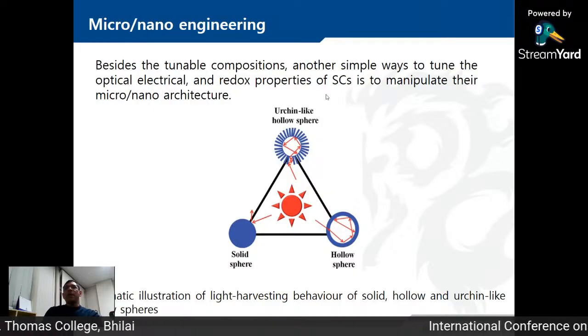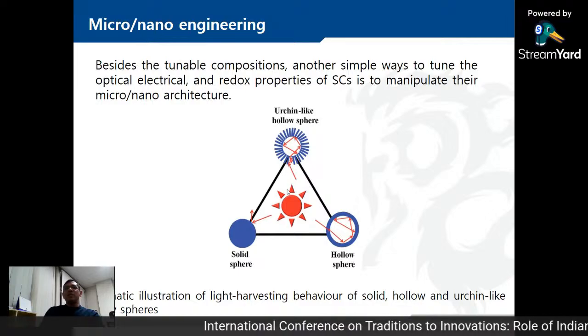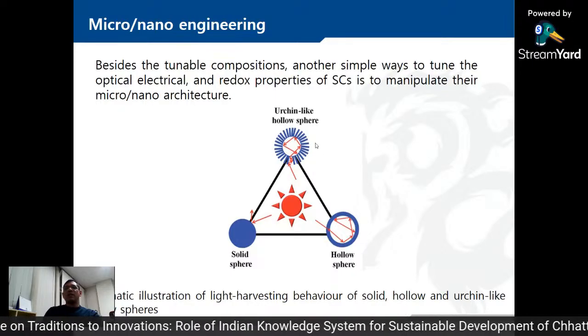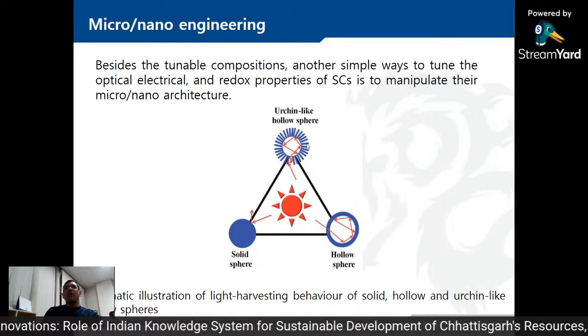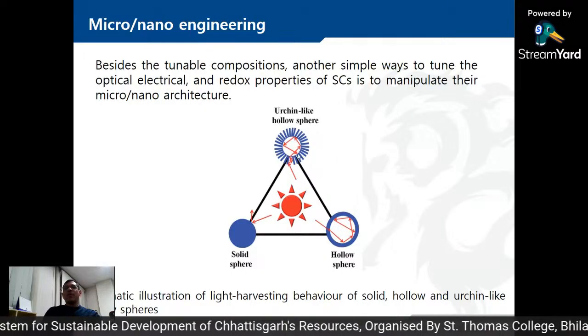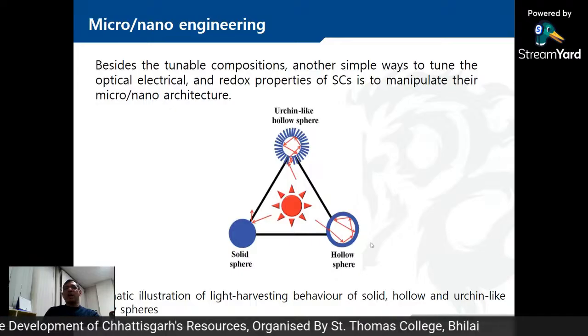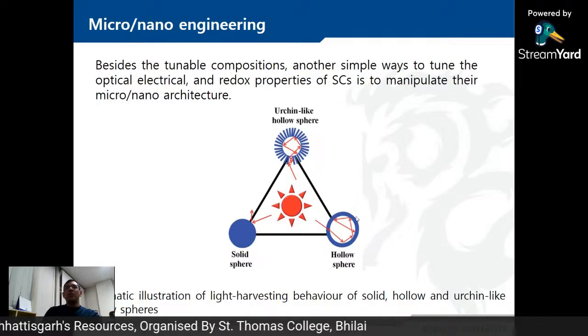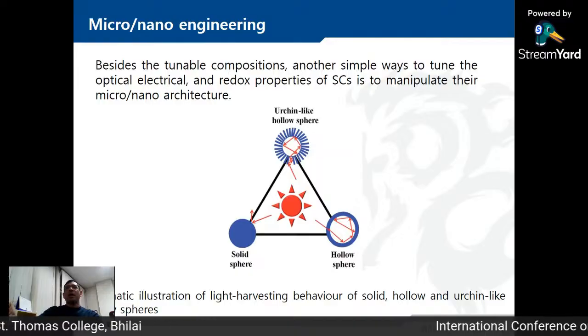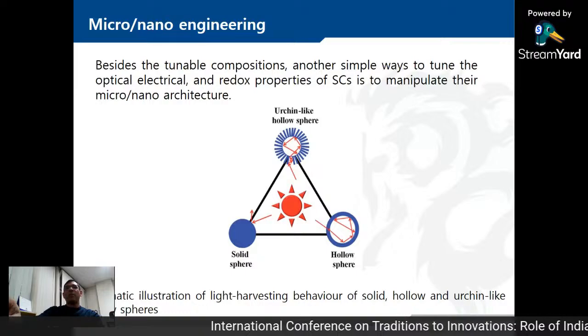But if you prepare hollow spheres, once the light hits, it gets multiple reflections, and since it gets multiple reflections, it has more opportunity for electron hole generation, and it enhances the photocatalytic activity. So we have to think about the nano engineering aspects, how to generate the architecture, how to prepare the nanomaterials.